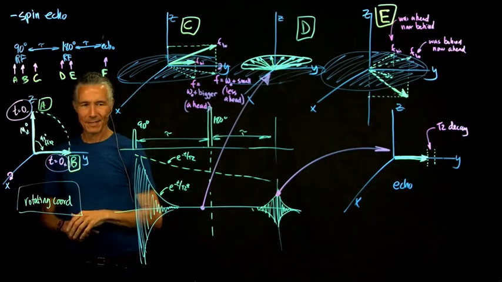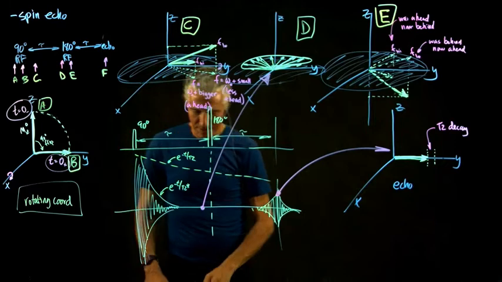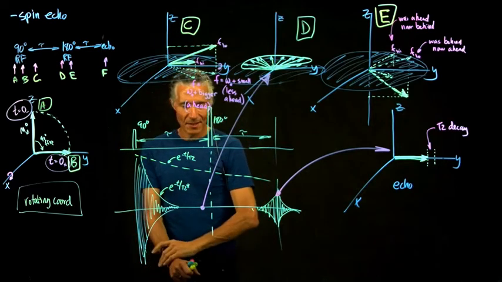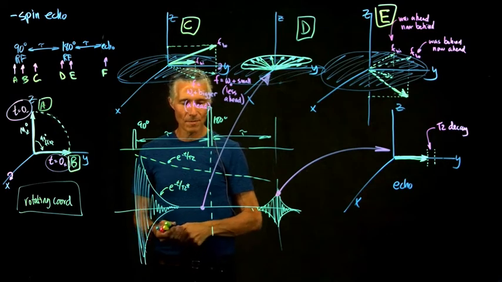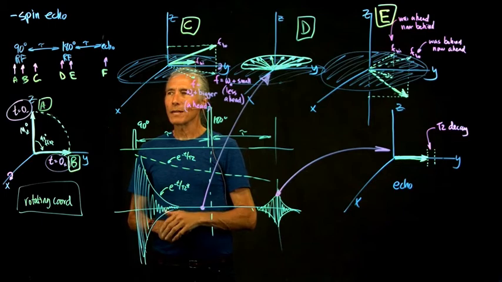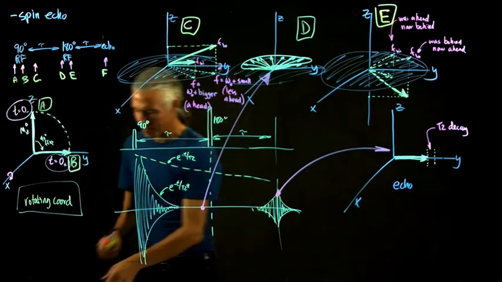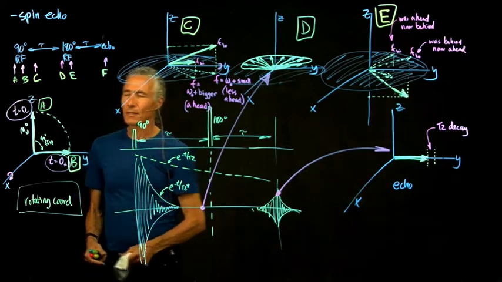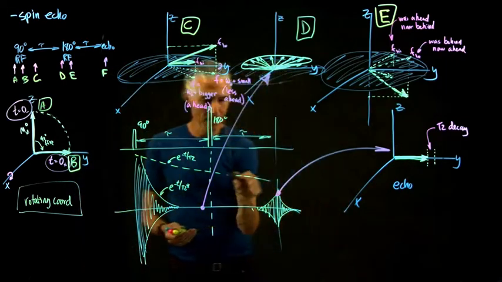Okay, so that's the basic plan. What we want to do in the second half is go over the simple equations that we use for calculating this amplitude. So, this isn't a good line here.